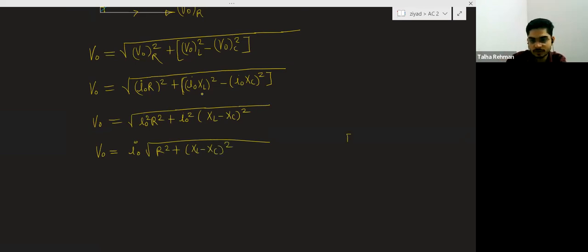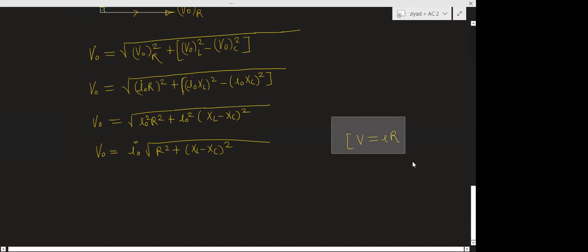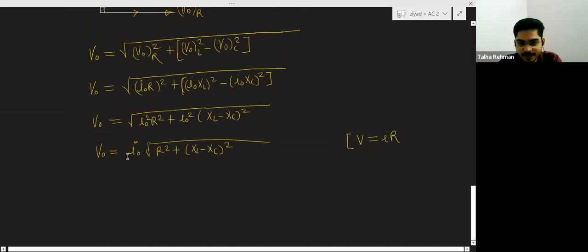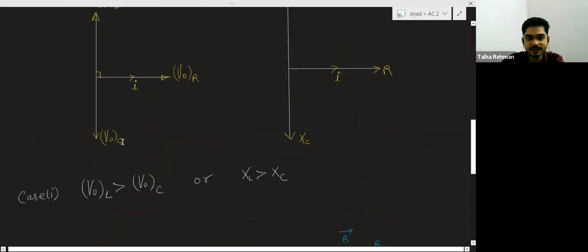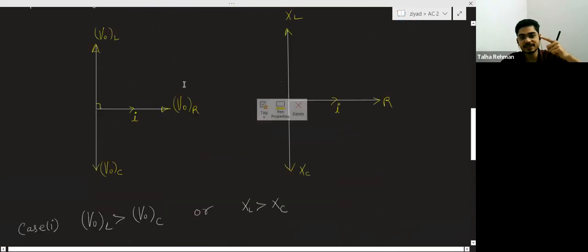From here we will get a new thing. We know that voltage is equal to current into resistance in case of the resistive circuit. But here it is written that in the series LCR circuit, voltage is equal to current into something. We don't know what this something is. I will tell you. Basically, this is like the resistance. I am not saying this is a resistance. I am saying this is like the resistance of the series LCR circuit.